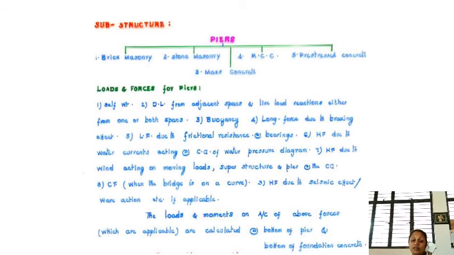Whenever we look at the substructure, that is piers, it may be of any material: brick masonry, stone masonry, RCC, prestressed concrete or any other material.